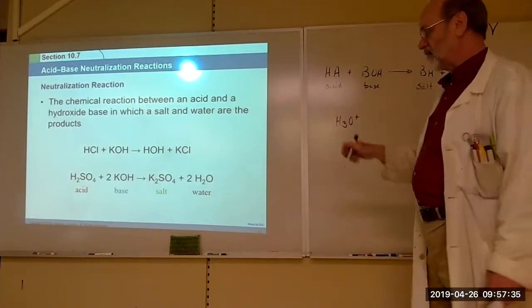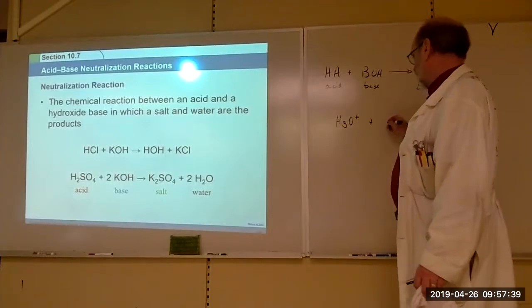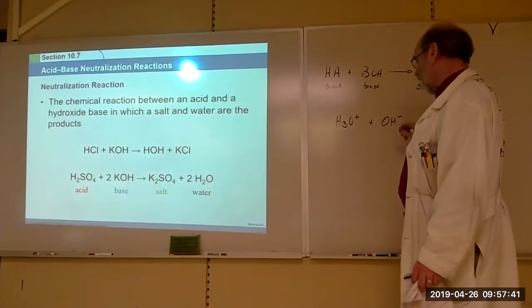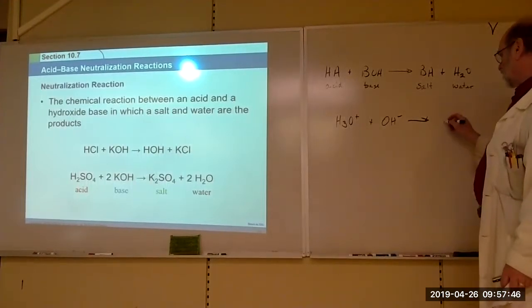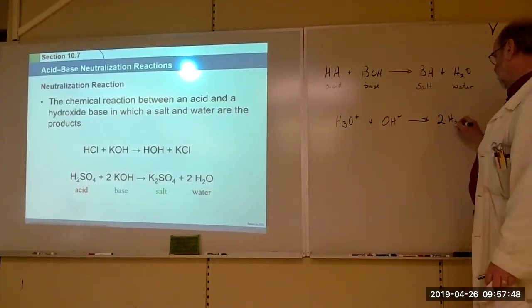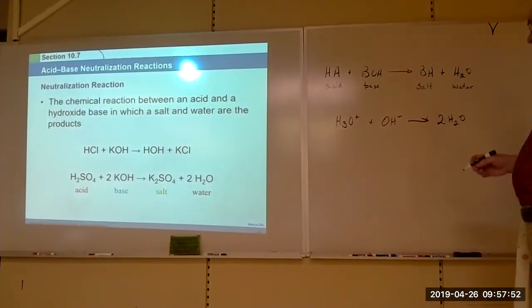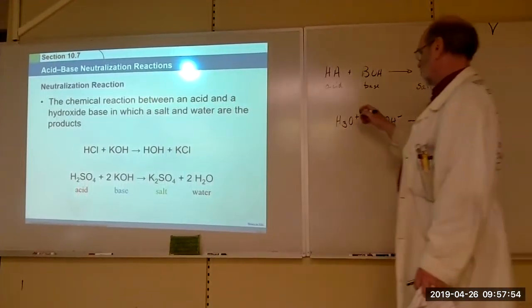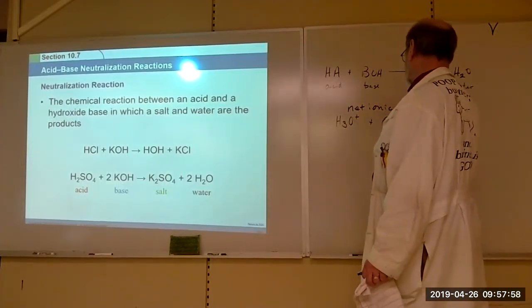And then the base dissociates and produces the hydroxyls. Then those react together to give us 2 waters. This is what's known as the net ionic equation.